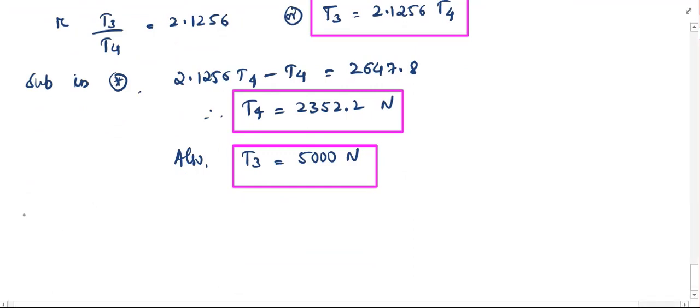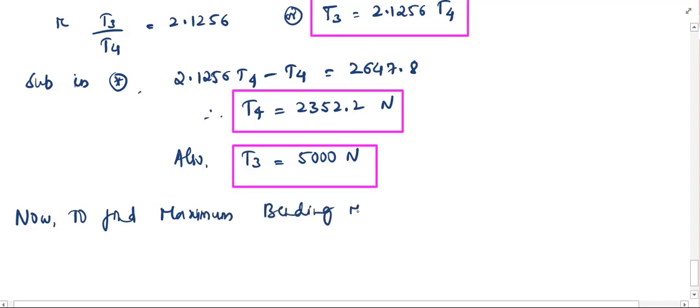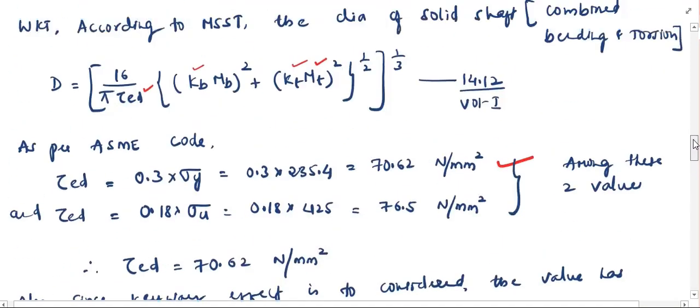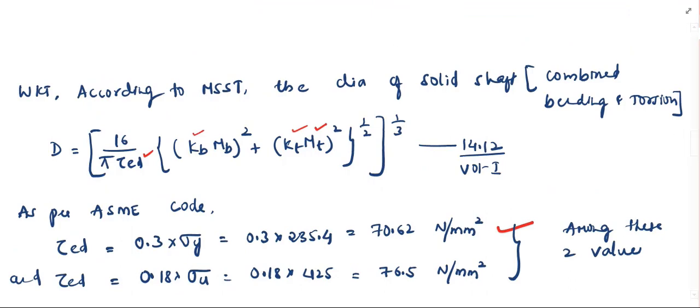So let me proceed further. Now to find the maximum bending moment, MB. As we remember, in the above equation 14.12, we have only one unknown term, that is MB.